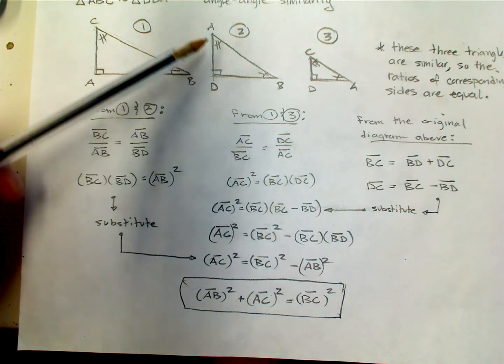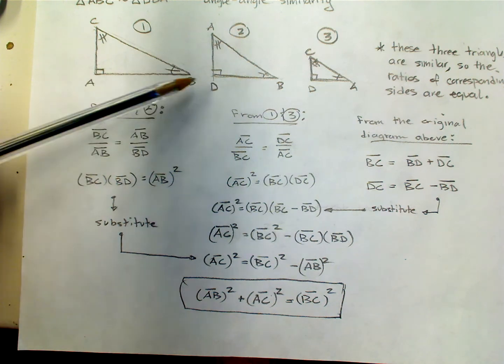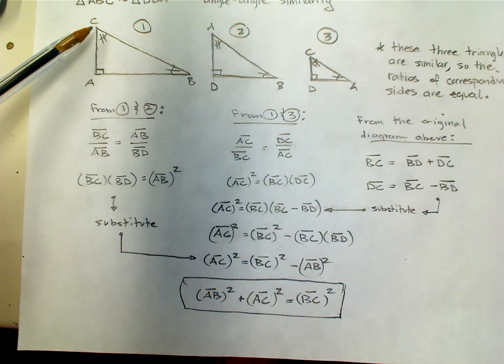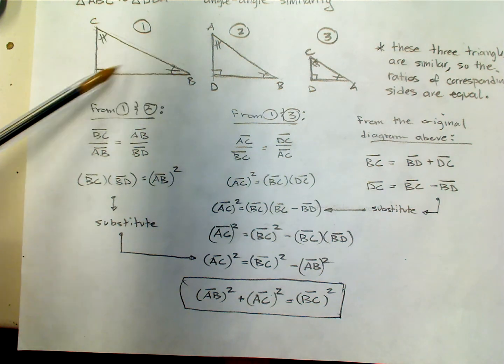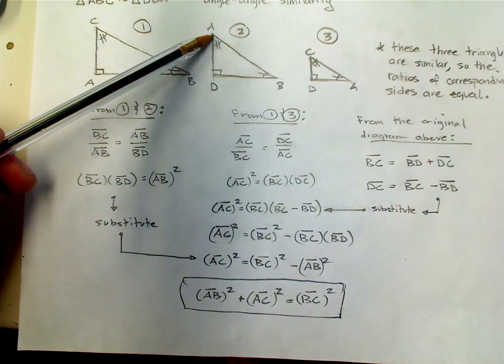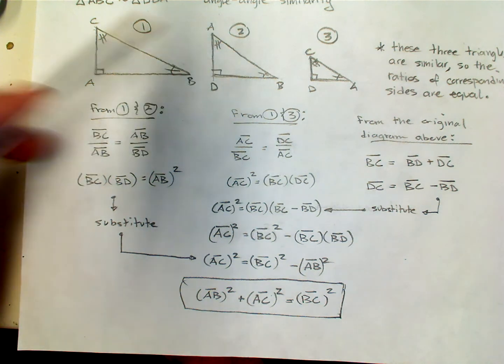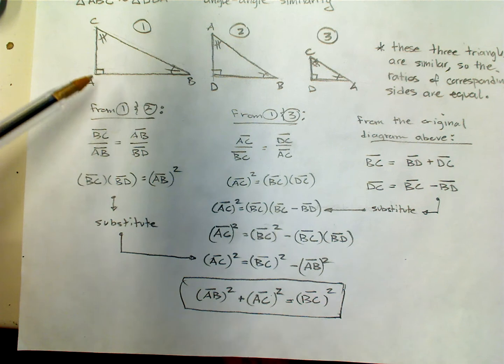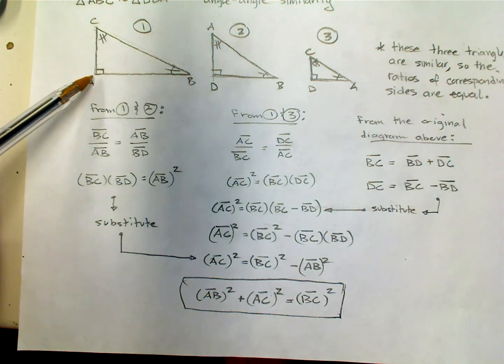In other words, the hypotenuse AB divided by the long leg BD right here. So the ratio of these corresponding sides, hypotenuse and long leg, is equal to the ratio from this triangle, hypotenuse and long leg. And of all the ratios I could have constructed here, there's a specific reason why I chose the hypotenuse and the long leg.